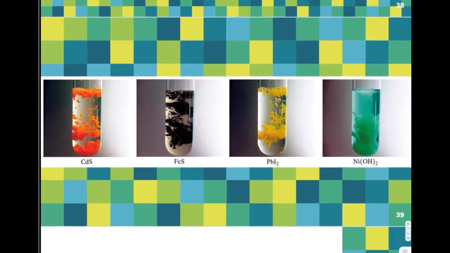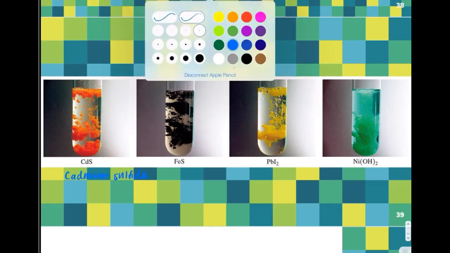So here are some ionic compounds that do not dissolve in water. They make colorful solids. Give a pause and see if you can name these. These are named cadmium sulfide. You can't really see that, huh?